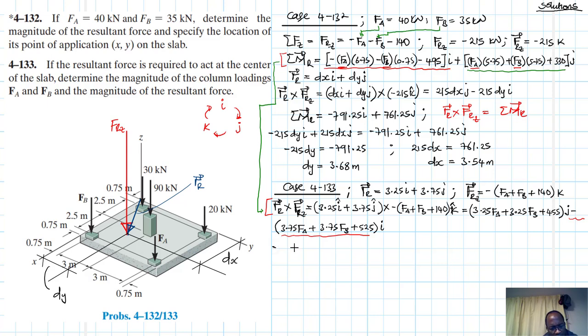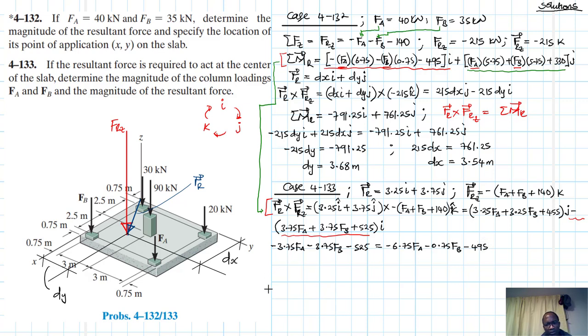So this is minus 3.75 FA minus 3.75 FB minus 525 equal to, it is the I on top, that's a minus 6.75 FA, a minus 0.75 FB and a minus 495.